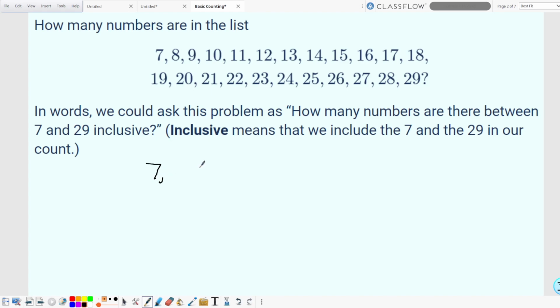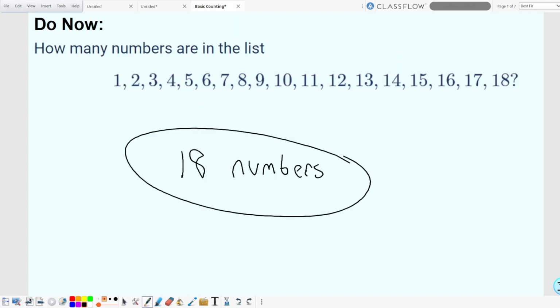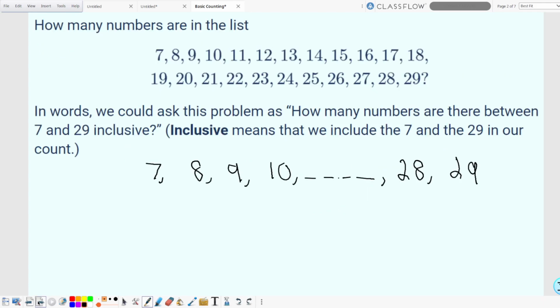7, 8, 9, 10, and so on, up until we get to 28 and 29. Well, how can I transform this list of numbers into a list that starts at 1 and then ends at whatever final number? Because we know from the first problem the final number is our answer if we're counting by 1 and going up each time by 1.